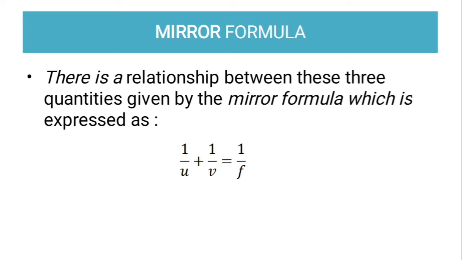You cannot measure that distance, so you can use this formula to find out how far that object is from you, provided you know the image distance and the focal length of the given mirror. So that's how we use the mirror formula.